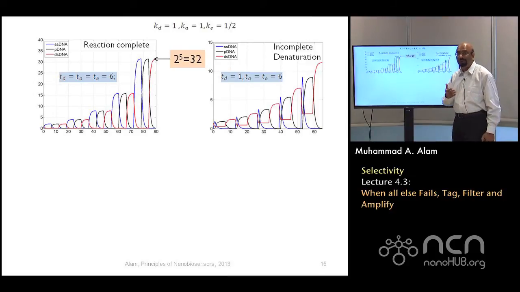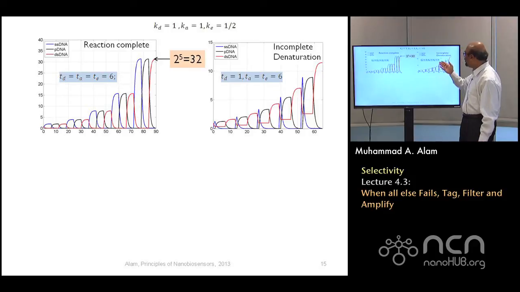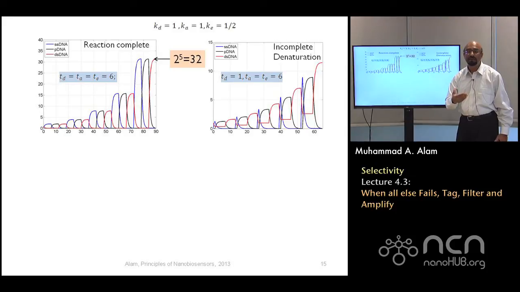Now, a very important point of this amplification process is that you have to give enough time, because these are reactions, right? If you don't give enough time, let's start with the red curve. Red curve is double-stranded DNA. You started with 1, but you didn't allow it enough time to break apart. And so this hasn't really gone to 0. And therefore, the corresponding single-stranded DNA in the blue curve also didn't reach its full value.